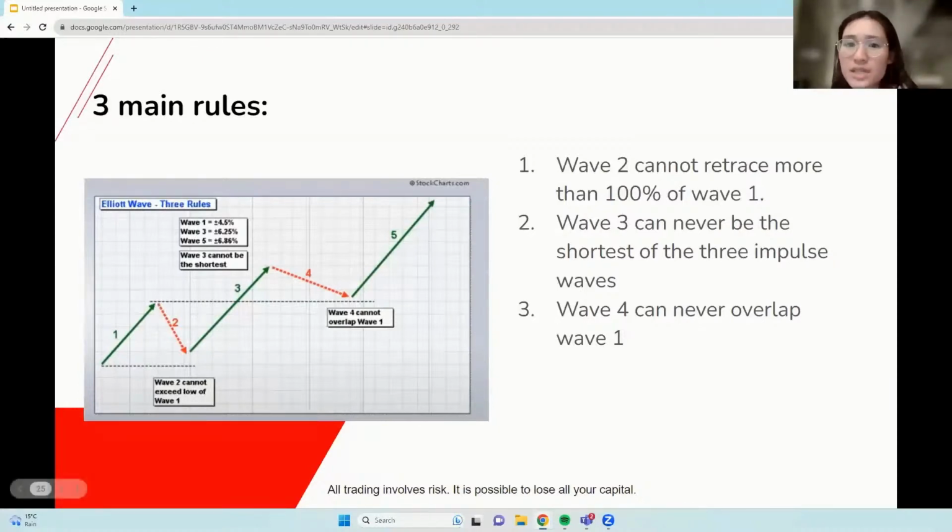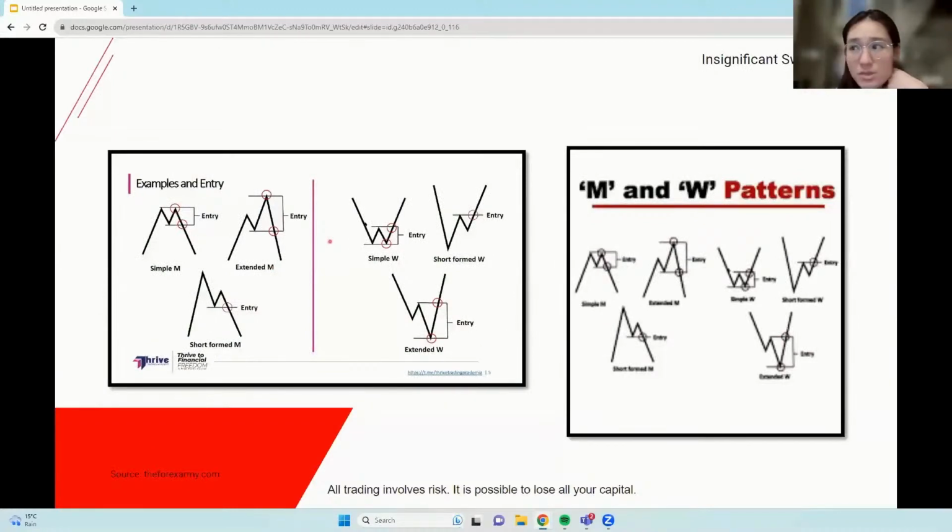The percentage over here, the 1, 3, and 5, is not super important for you to remember. These 3 main rules are more important. Now let's take a look at some of the shapes.